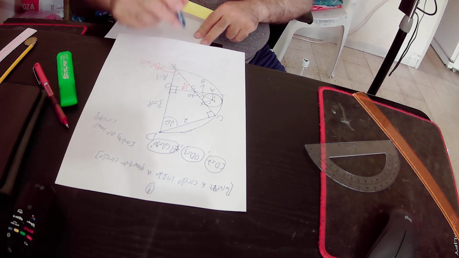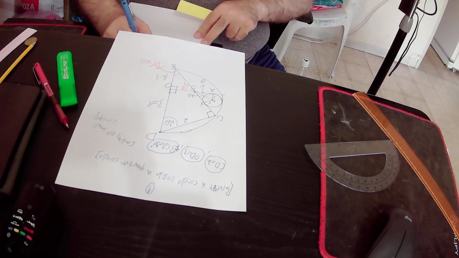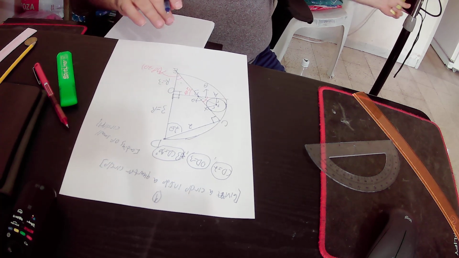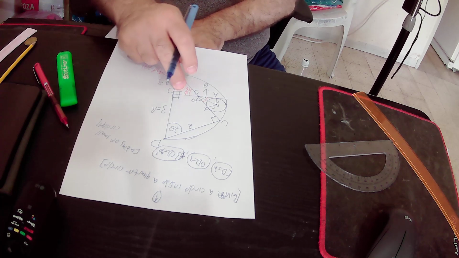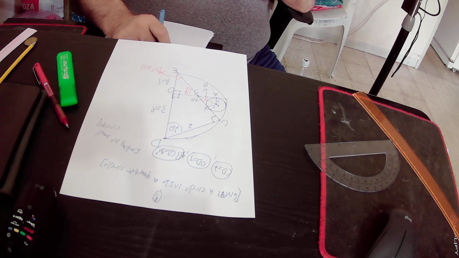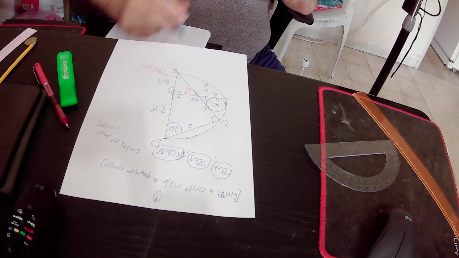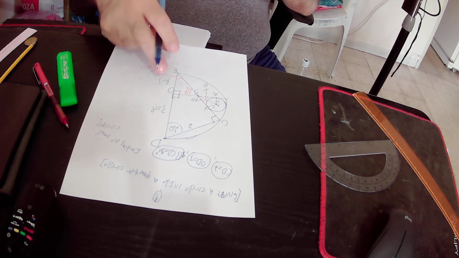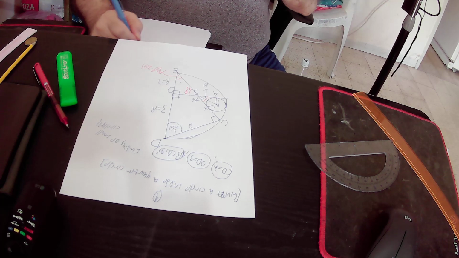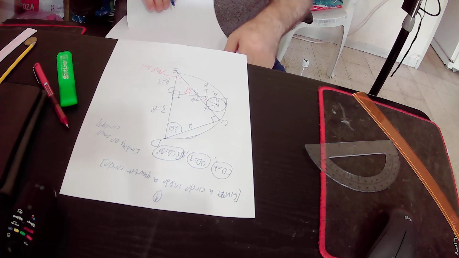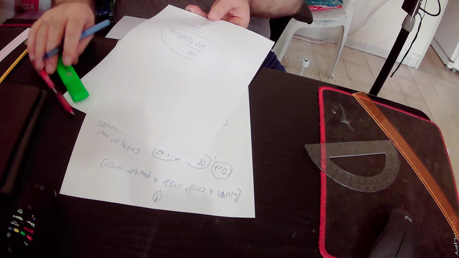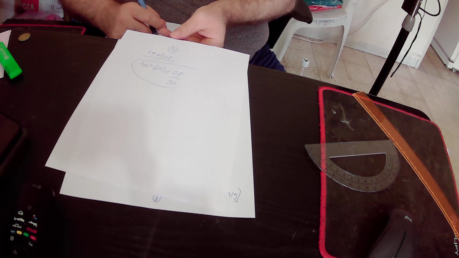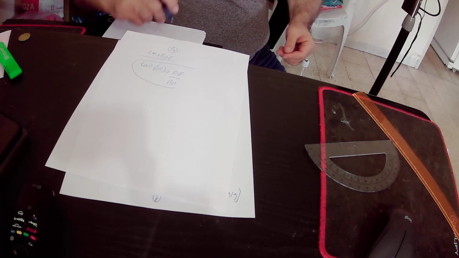In the right triangle BOE, we know that tangent 2 theta equals OE over BO.